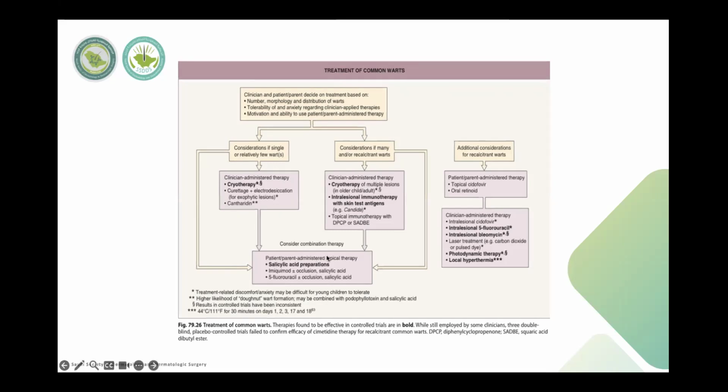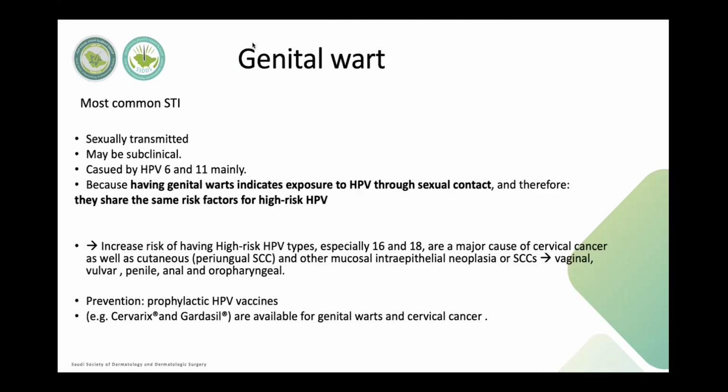If the patient wants to use something at home, usually we combine cryotherapy with a salicylic acid preparation or another method like imiquimod. If it's recalcitrant and multiple and not responding to treatment, we can try immunotherapy with skin test antigens like Candida, PPD, or even the HPV vaccine.